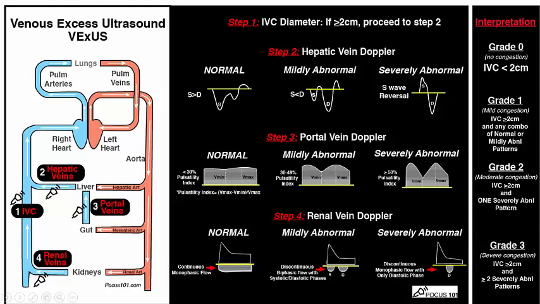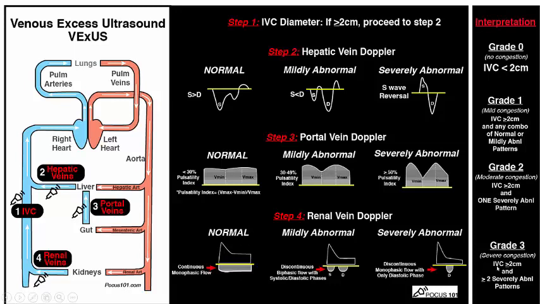Okay. If the inferior vena cava is more than 2 centimeters and you have any mild abnormality or no abnormality, it is grade 1 systemic congestion. If the inferior vena cava is more than 2 centimeters and you see one severe abnormality here, systolic wave reversal in the hepatic vein, or maximum undulation and fluctuation of portal venous flow, or only diastolic flow in the renal vein, that means any one of these with inferior vena cava more than 2 centimeters, it's grade 2.